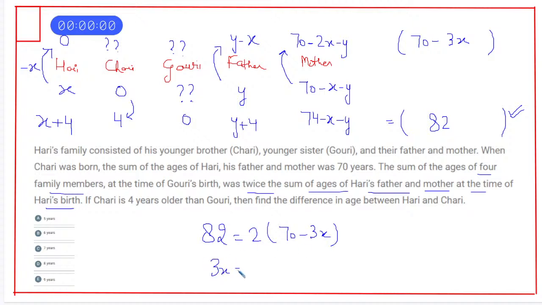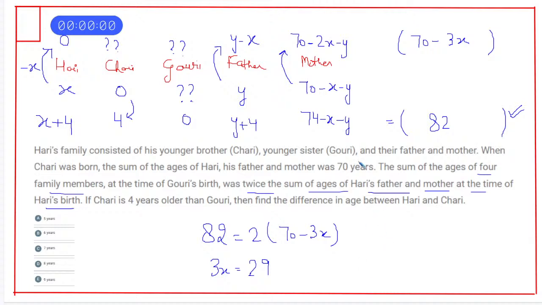So 3x equals 41 and 9, 50. It's getting 29. Let me see, did I make some mistake here?